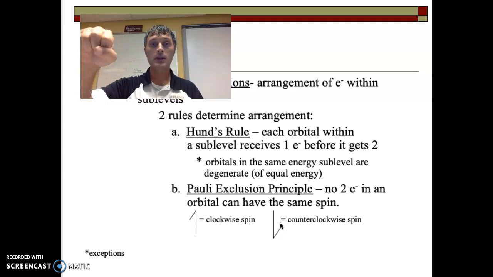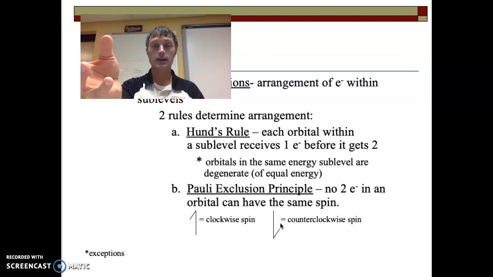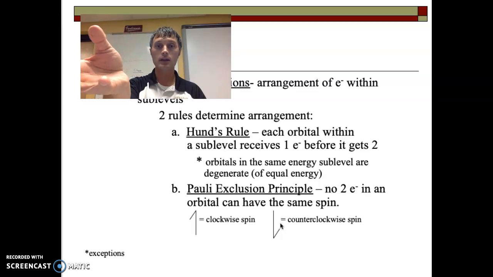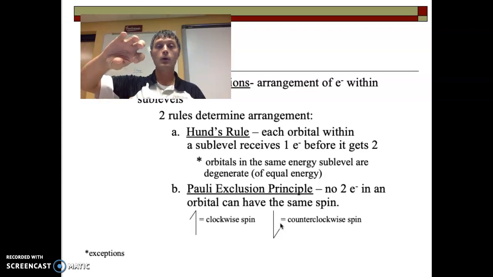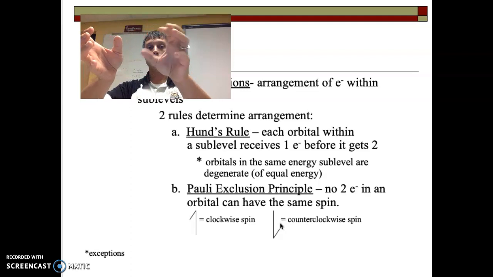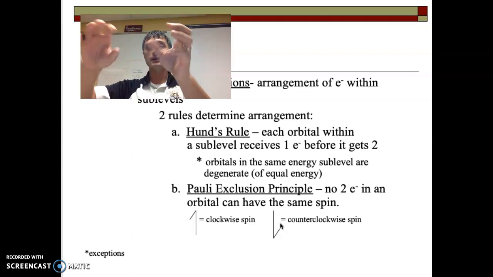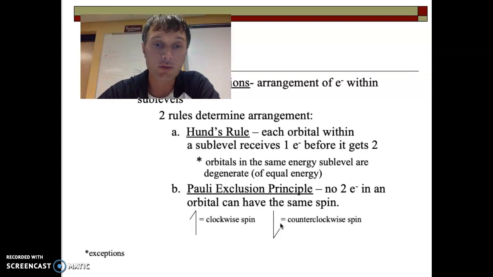So they spin and they rotate. Some electrons are going to be skewed. They're going to spin this way. Sorry, I'm trying to figure out how to manipulate my hand in front of the camera. They're going to spin this way. Some are going to spin this way. What we found is electrons in the same orbital, one spins this way, the other one spins that way. They spin opposite directions of one another. And that's the Pauli exclusion principle.